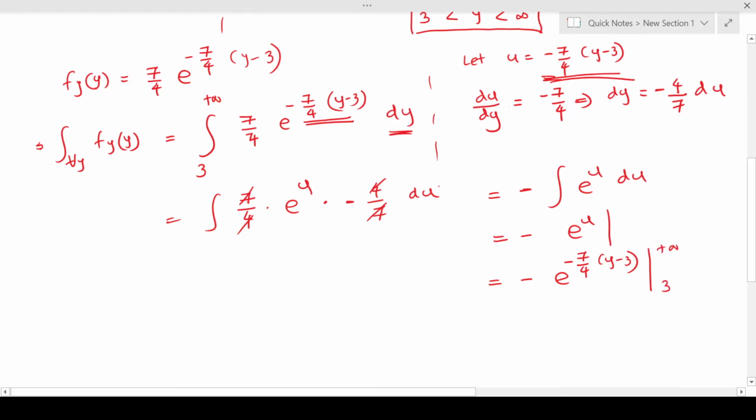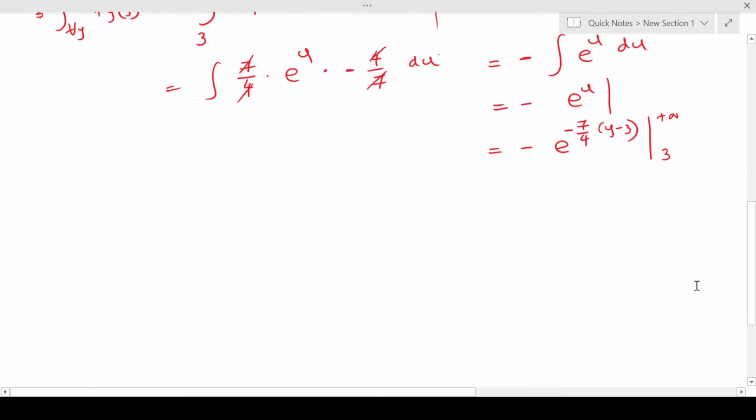Now let's see what happens. The negative sign I'll keep out. The first term becomes 1 over e to the power of positive 7 over 4 times (infinity minus 3), which is a really large number. Minus e to the power negative 7 over 4 times (3 minus 3).